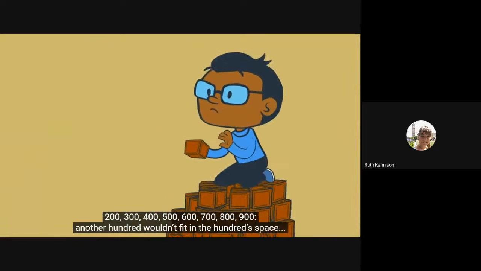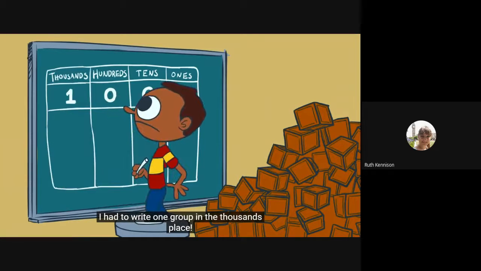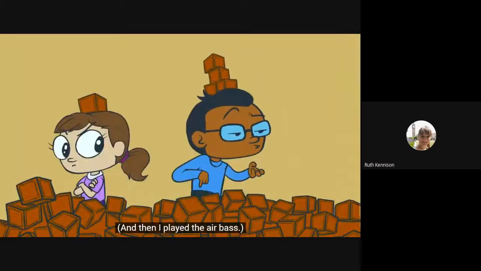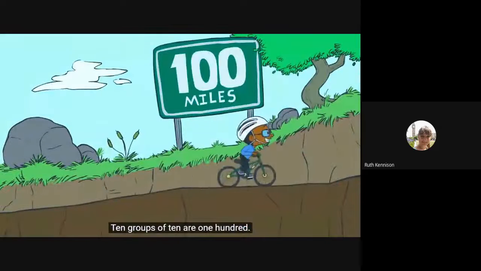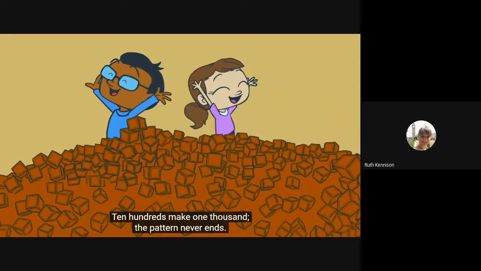Another 100 would fit in the hundred space. I had to write 1 group in the thousands place. Then I played the air bass. 10 ones some say 100. 10 hundreds make 1,000.